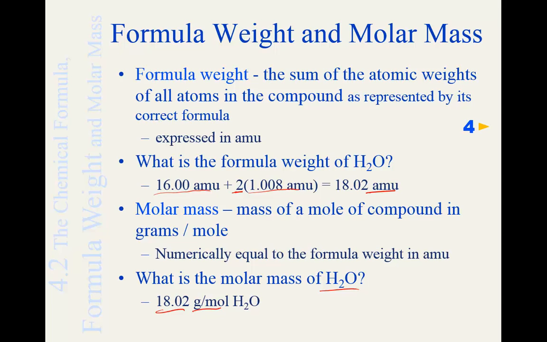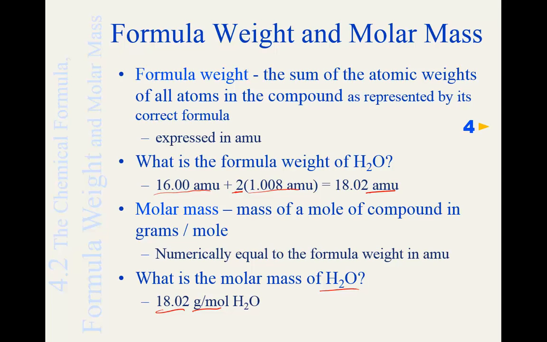And that's really important, because remember, when we're asking for molar mass, we're not talking about individual atoms or molecules or compounds in this case. We're talking about Avogadro's number, and that's why it's grams per mole, and a mole is Avogadro's number of particles. So that's the beauty of it: when we change the magnitude of how much we're dealing with, how much water in this case, we go from atomic mass units to grams. And that's important because grams is something we can weigh out on a balance in the lab.